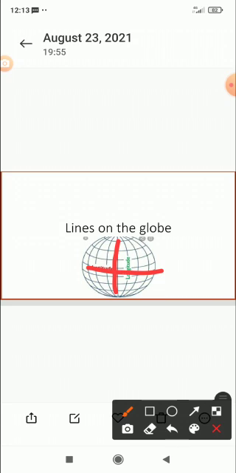The lines on the globe are called latitudes and longitudes. The concept of latitudes and longitudes, along with poles, was well known to our Indian ancestors like Aryabhatta.